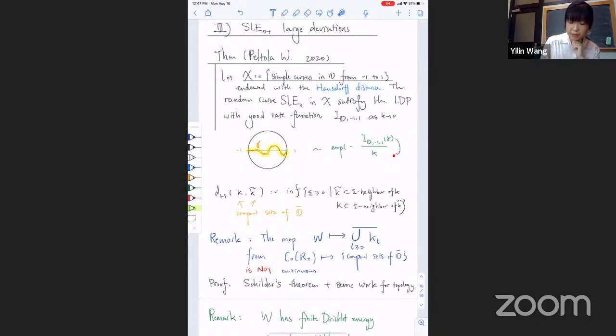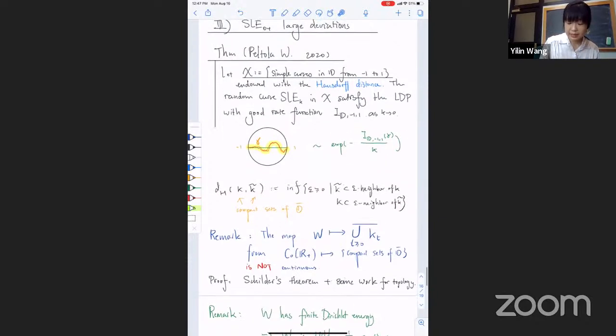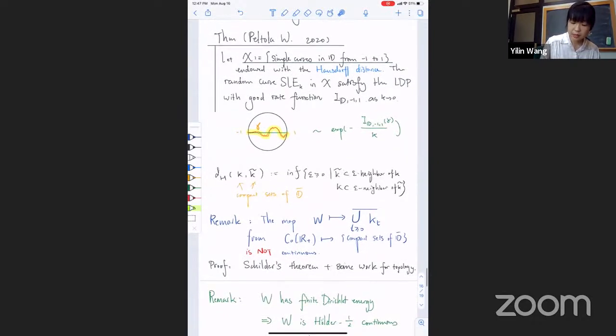It's totally similar to Schilder's theorem, and it's actually also a consequence of Schilder's theorem. But there is a lot of technical difficulty: the transformation from the driving function W to the set of simple curves. To make it well defined, I have to take the union of the Hausdorff limits and take the closure so that it becomes a compact set.